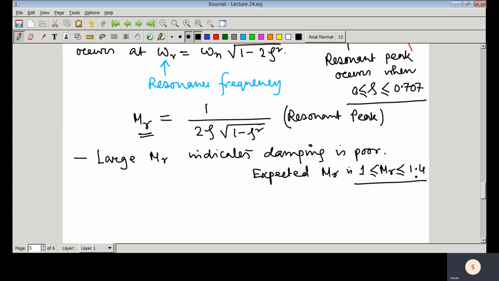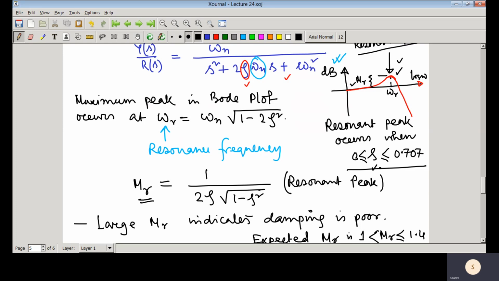And we can see here that this MR peak would not appear if that zeta value is greater than 0.707.